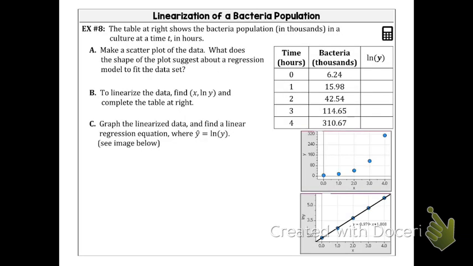All right, example 8. It says the table at the right shows a bacteria population in thousands in the culture at a time of t hours. Make a scatter plot of the data. What does the shape of the plot suggest about a regression model to fit the data? So you put your time in L1 and your bacteria in L2 and run your scatter plot. Remember, you do your stat edit, put your information in. Then go to second, y equals, turn on plot 1.